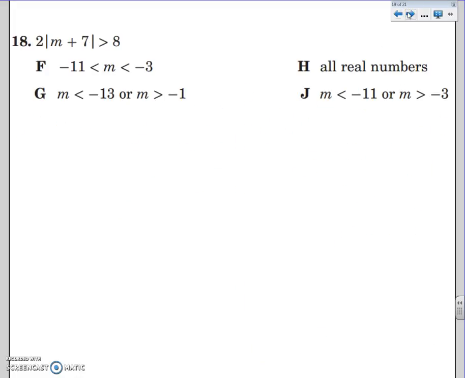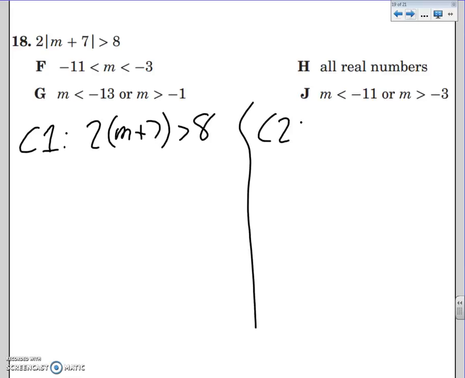Alright, another absolute value, 2 cases. Positive case and negative case. Solve each one, so I'm going to distribute.